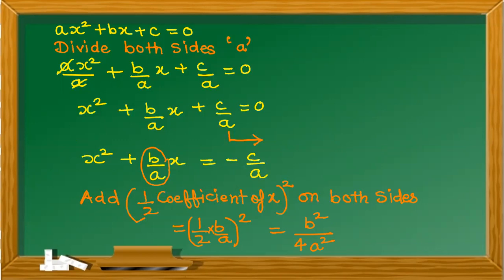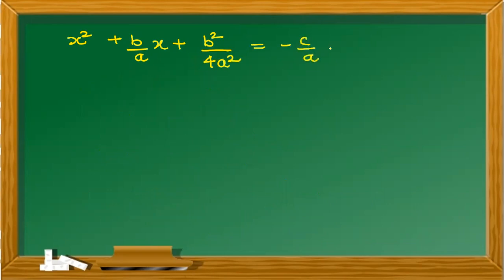So let us do so. What do we get? x square plus b over a x plus b square over 4a square is equal to minus c over a plus b square over 4a square.